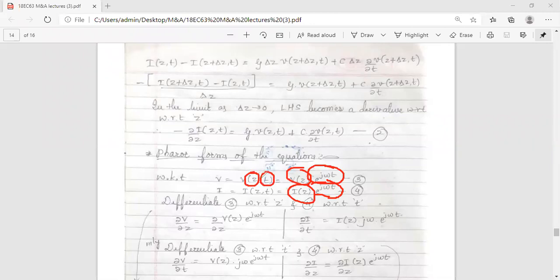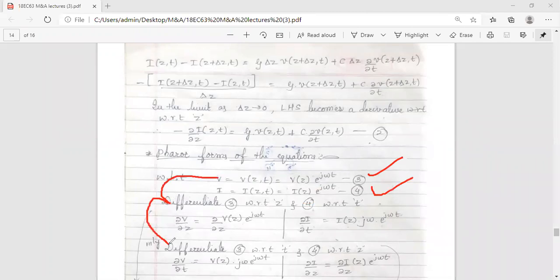So Z and t are the two variables. Then we went for differentiation. Equation 3 and equation 4, we have differentiated equation 3 with respect to Z as well as with respect to t. Similarly, equation 4, we differentiated with respect to t as well as with respect to Z. This was done already in the previous session.